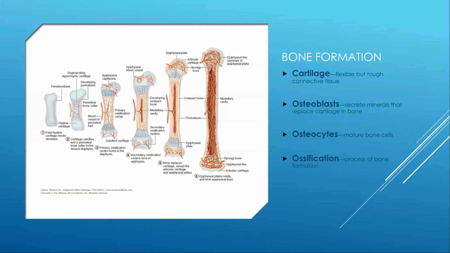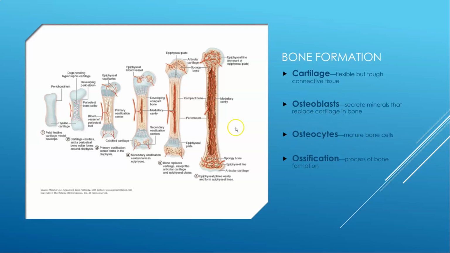and you start with these osteoblasts that secrete minerals that replace cartilage with bone, and ultimately you form these osteocytes, which are bone cells. Osteo, you may have figured, refers to bone, and cyte refers to cell.